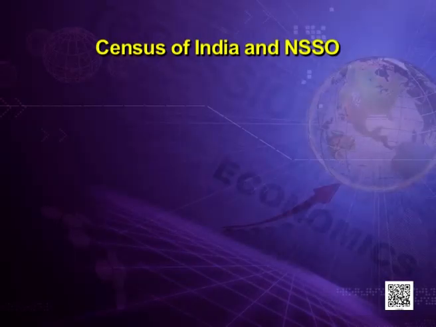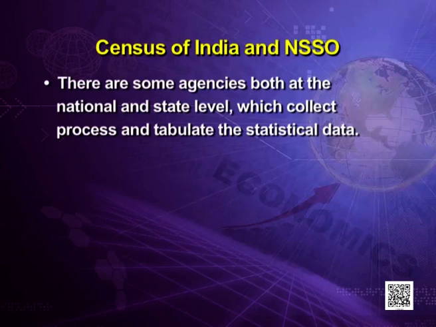After that, we are going to discuss the Census of India and NSSO. There are some agencies at both national and state level which collect, process and tabulate statistical data.